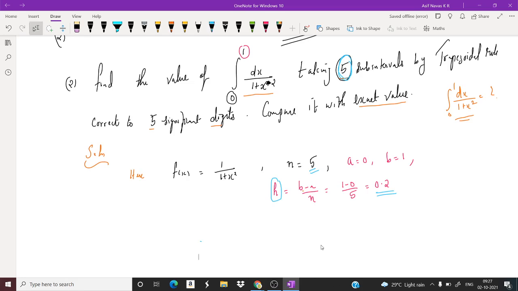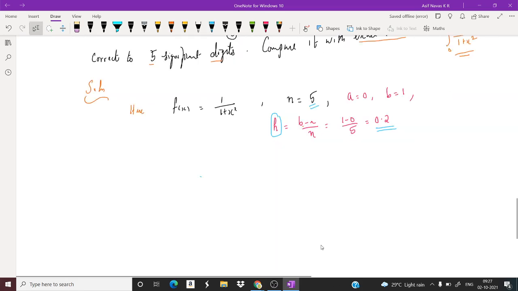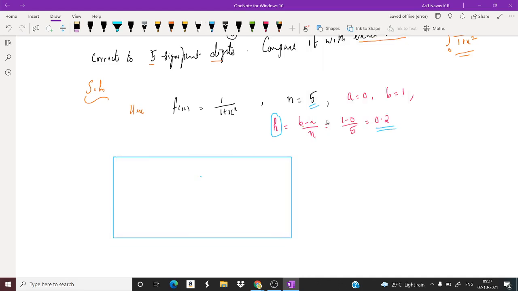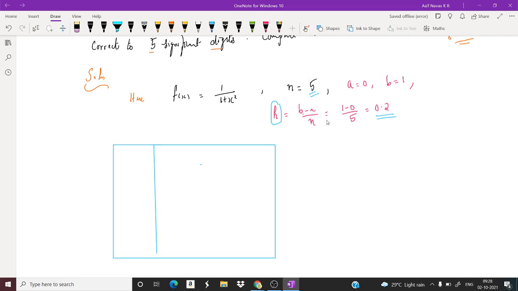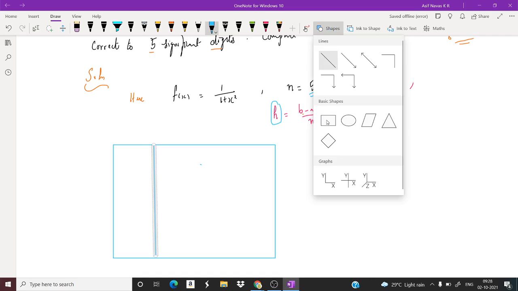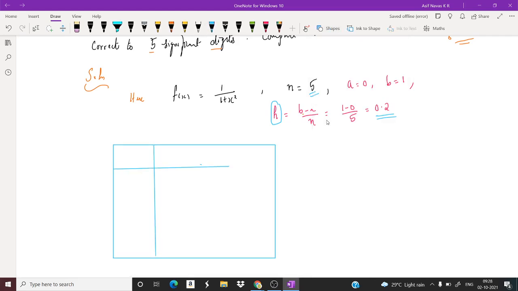Now first we will draw the table. So the first value, x values, and here f of x equal to 1 by 1 plus x square.